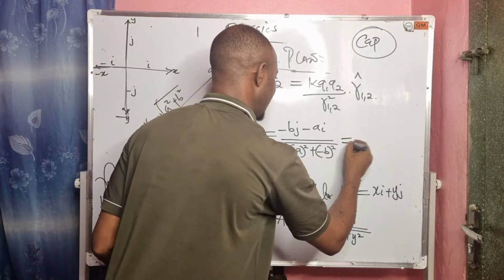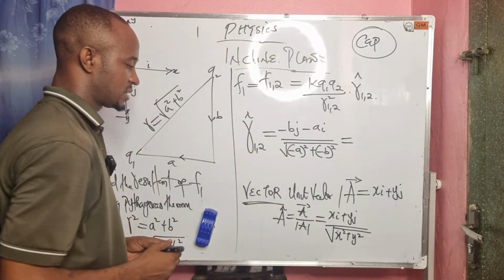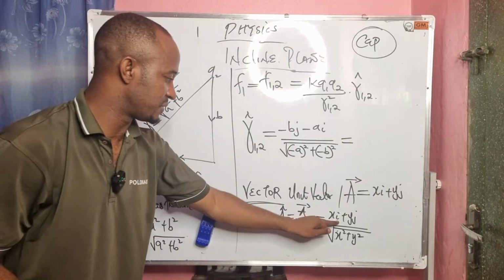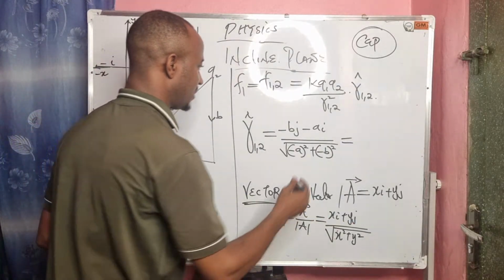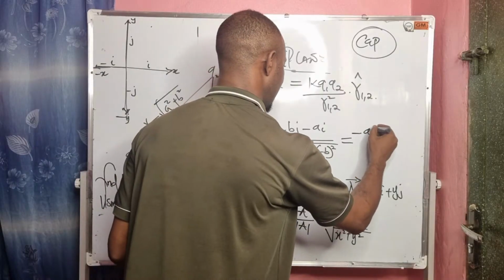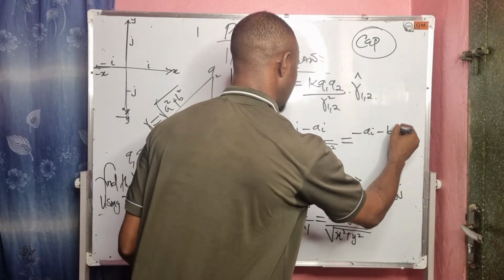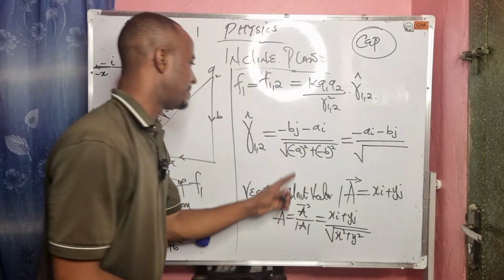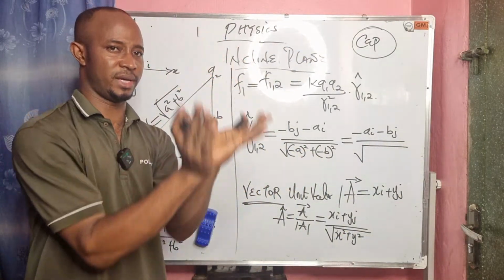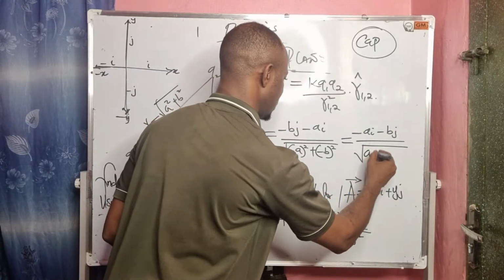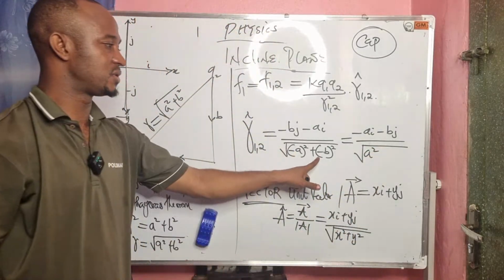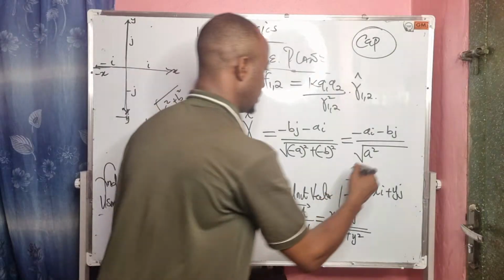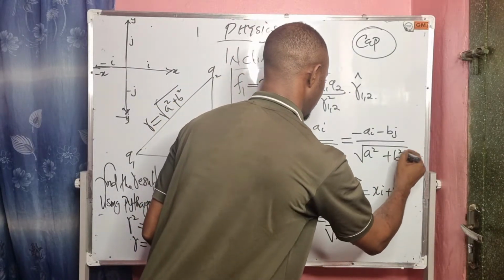We then rearrange this properly because in your 3D, i must come first before j. And that will give us minus ai minus bj divided by the square root of minus a all squared, which is the same as a squared, plus minus b all squared, which is the same as b squared.